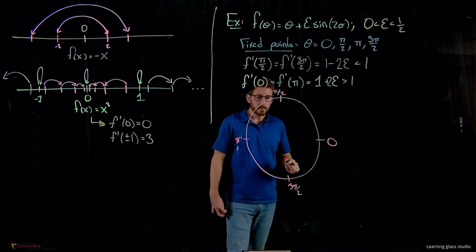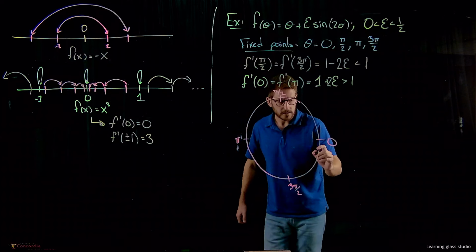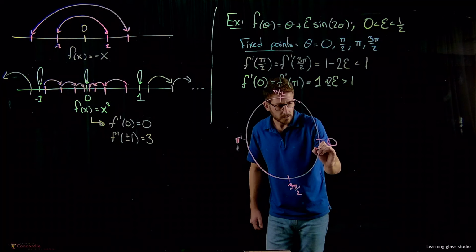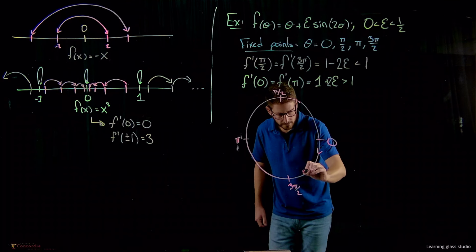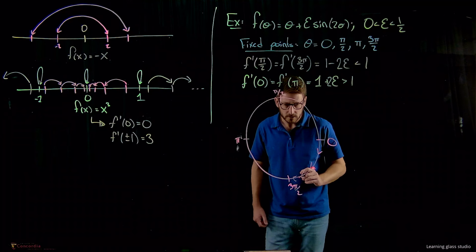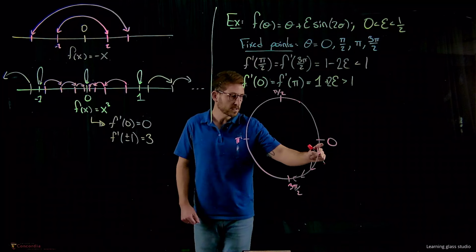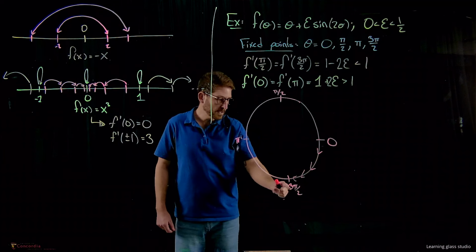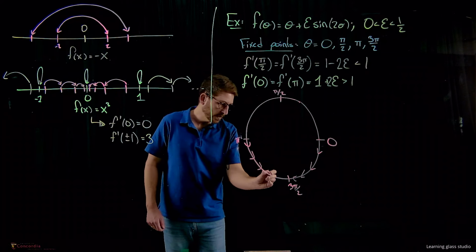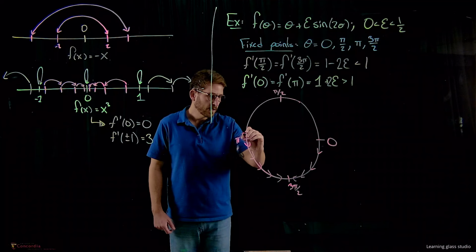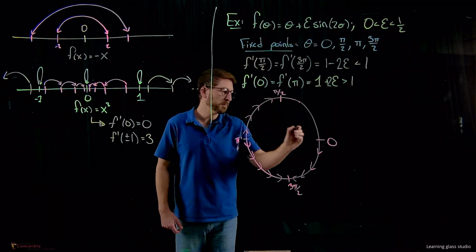And if you start putting things into your calculator, you can see that if you started here, for example, you would be pushed down like this. So I'm going to use these little arrows to show you where you're going. So if you started close to 0 below it, you would be pushed down to 3 pi over 2. If you started below pi here, you would be pushed down to 3 pi over 2. If you started above, you would be pushed up.